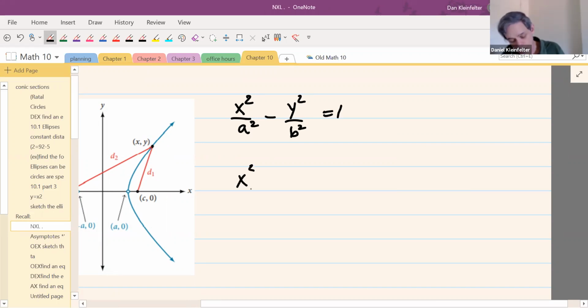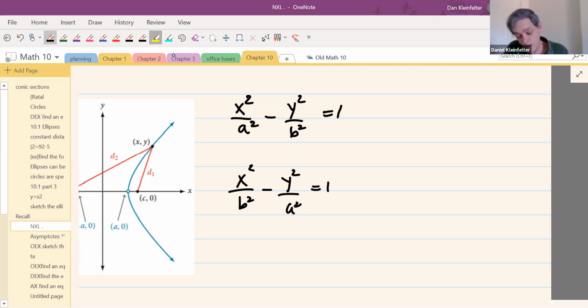Or x squared over b squared minus y squared over a squared equals 1. So they bear a big resemblance to the ellipse equation, set equal to 1. You have an x squared and a y squared in the top, and an a squared and a b squared in the bottom. The huge difference here between hyperbolas and ellipses is that the hyperbolas have a minus, where the ellipse had a sum in between.